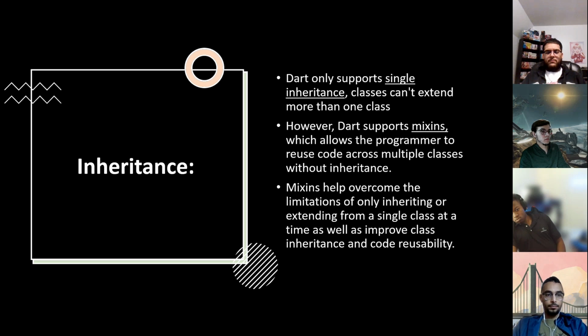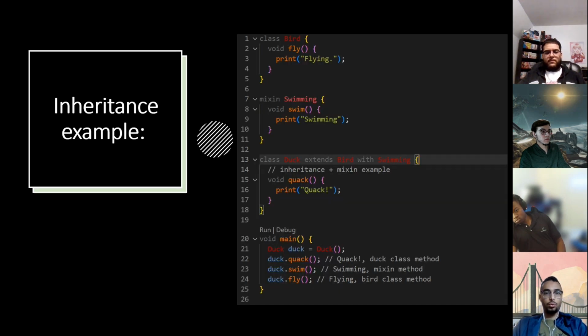reusability. Now for our example, in our main function, we declare a new duck object, and we assign it the duck class. When we look at line 13, we have our duck class, which extends the bird class. So that's inheriting the bird class's public methods. And then it's also obtaining the swimming methods from the mixin swimming.